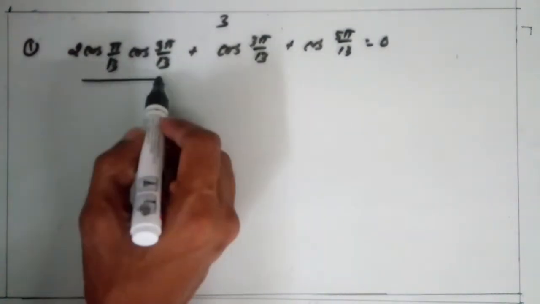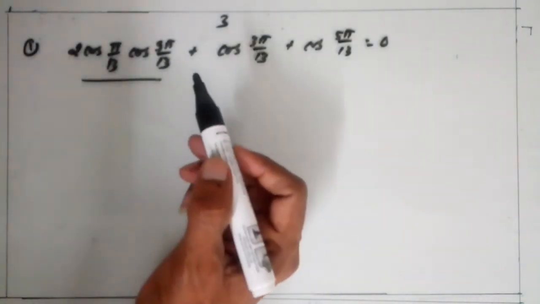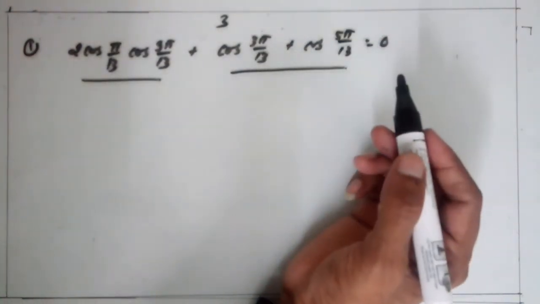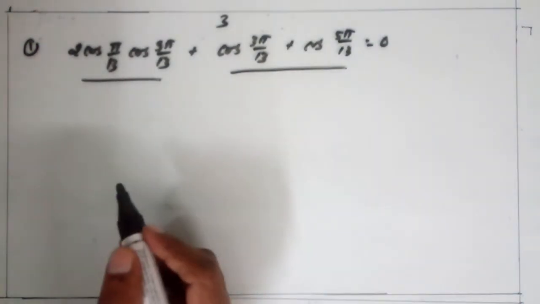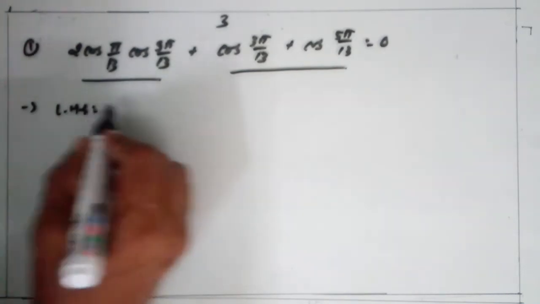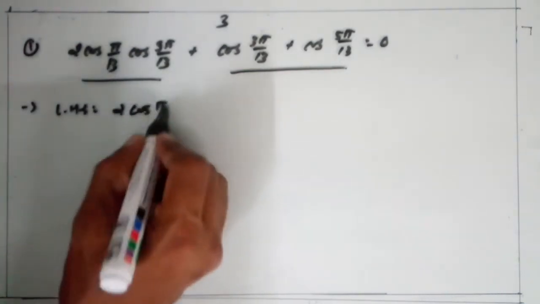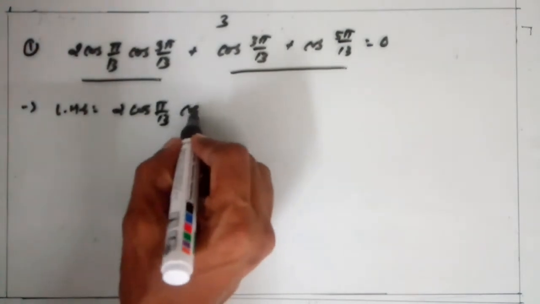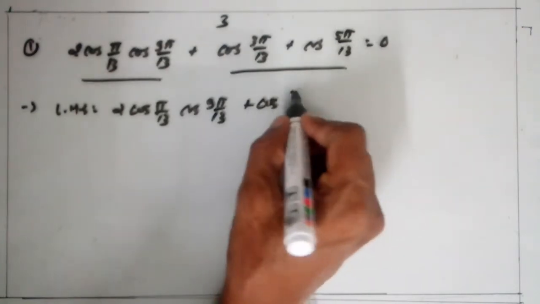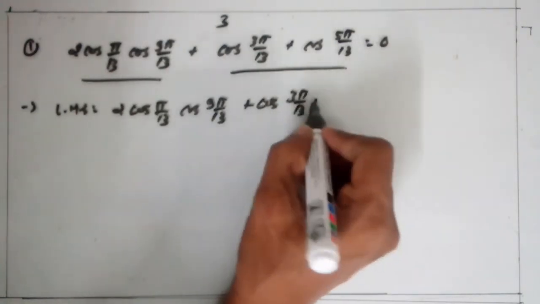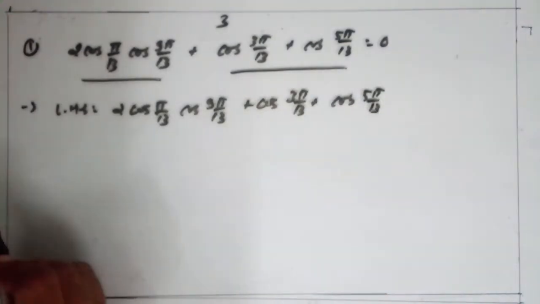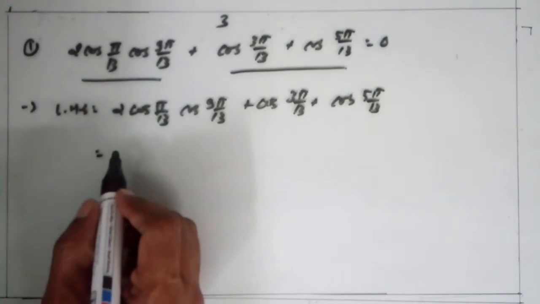Change this multiplication into addition and subtraction form, or this addition into multiplication form. Here, left hand side is equal to 2 cos(π/13) [cos(9π/13) + cos(3π/13) + cos(5π/13)].